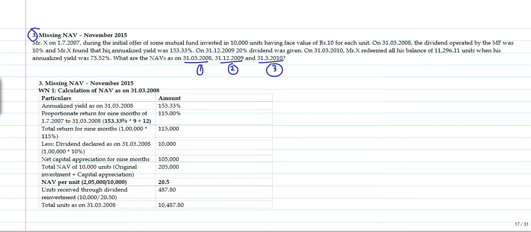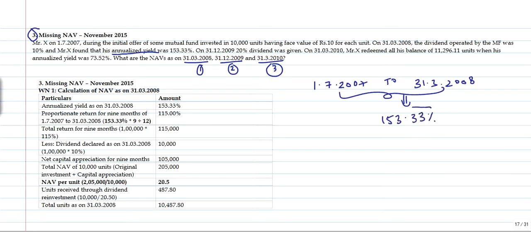Here annualized yield is given, but did he hold for 1 year? No, he held from July to March. So the annualized yield given is 153.33%. It should be converted to only 9 months, because June, May and April are not included. Correct?